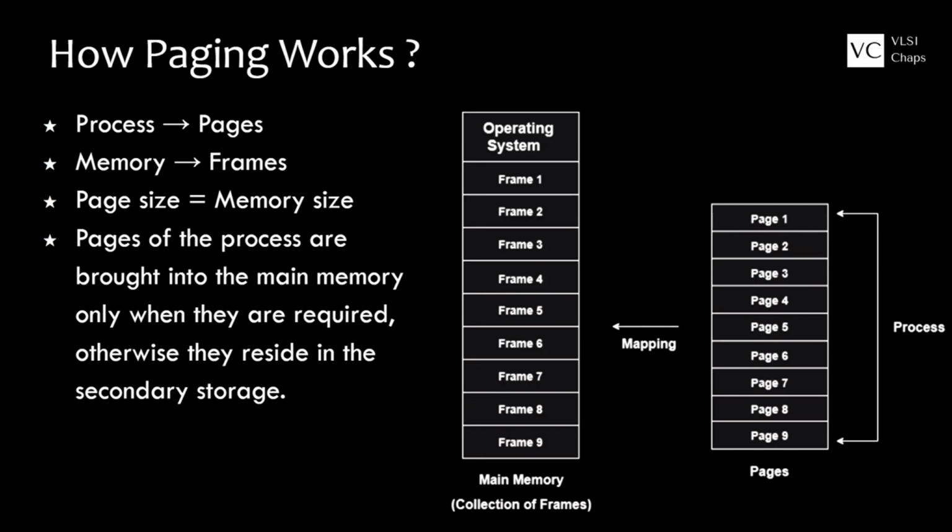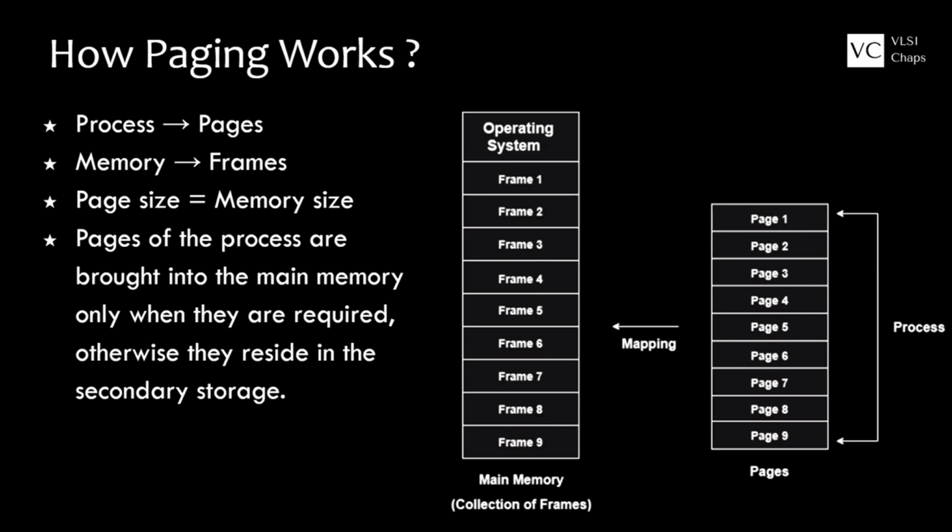Previously, whenever any process was supposed to reside in the main memory, the whole process was fetched from the storage into the main memory. Now, because the process is divided into various pages, rather than the whole process, only the necessary or required pages will be fetched from the storage and placed into the main memory.